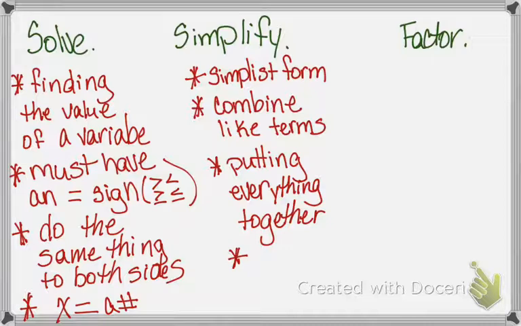It's not an equation because we don't have an equal sign. Okay? It can be a monomial. It can be a binomial. It can be a trinomial. Okay? So my answer is a polynomial.